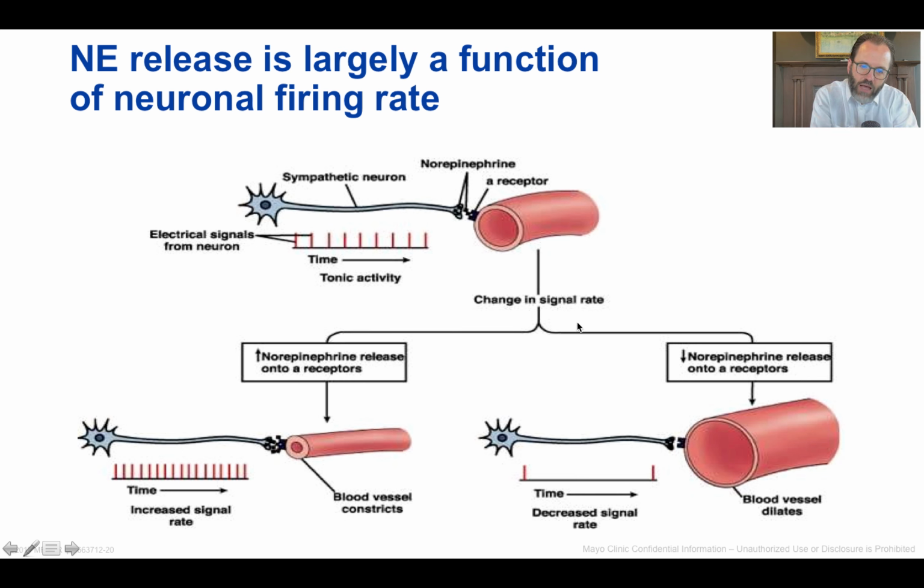The flip side is when that threat has passed or when you are sleeping or resting, you have a reduction in the firing rate of that neuron, and ultimately that results in vascular dilation due to reduction in norepinephrine release and reduction in the binding of norepinephrine to those alpha-1 adrenergic receptors.